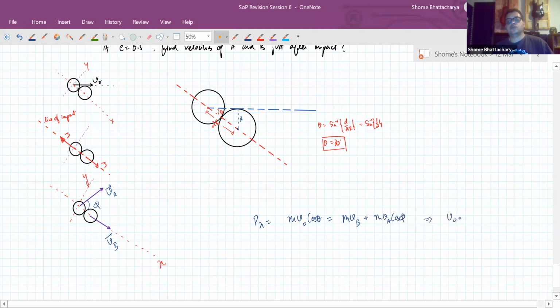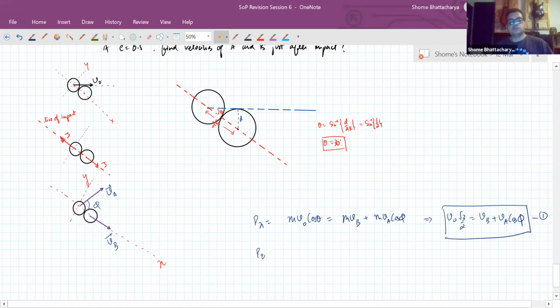So v0 cos 30, that's root 3 by 2 times v0, is equal to vB plus vA cos phi. That is the first equation which we are getting from conservation of linear momentum along the x direction.